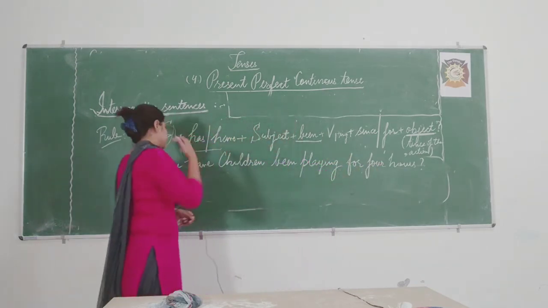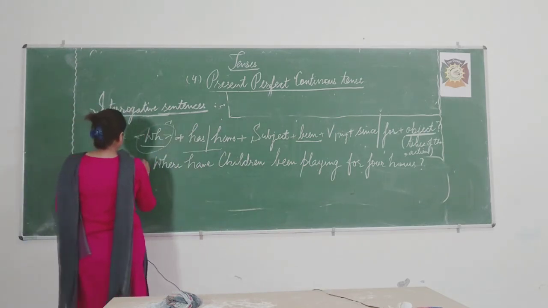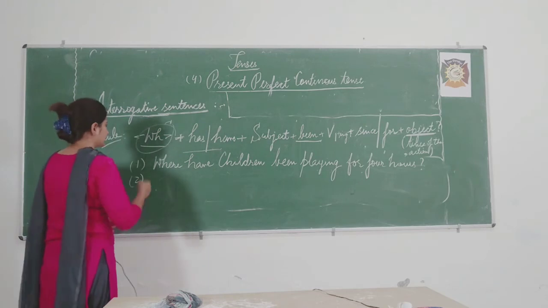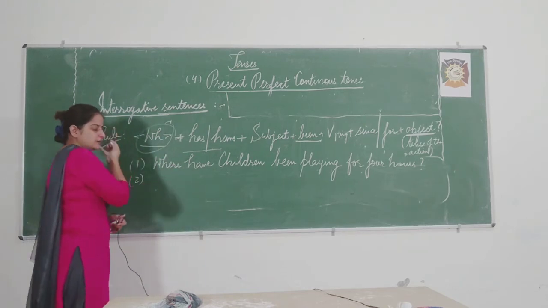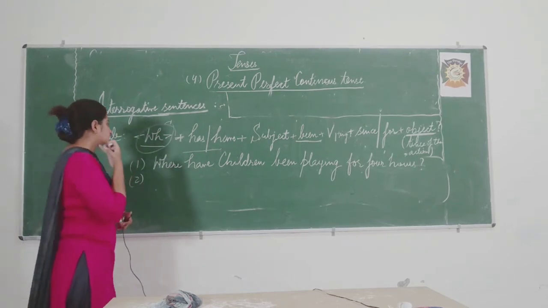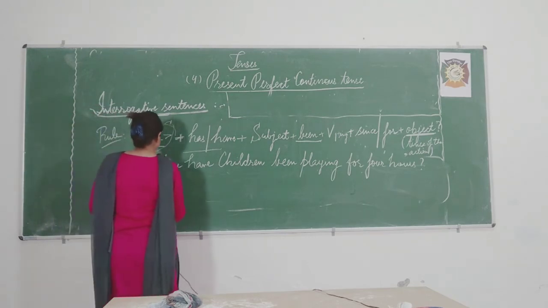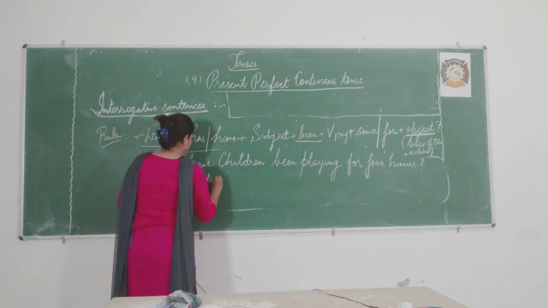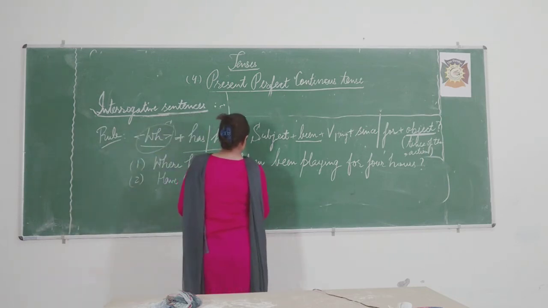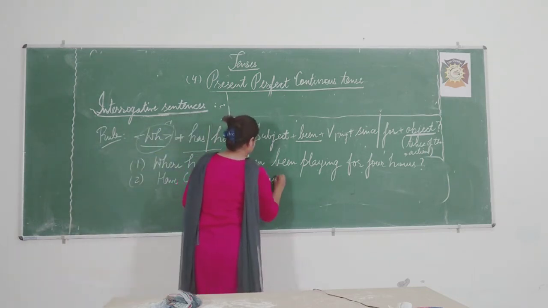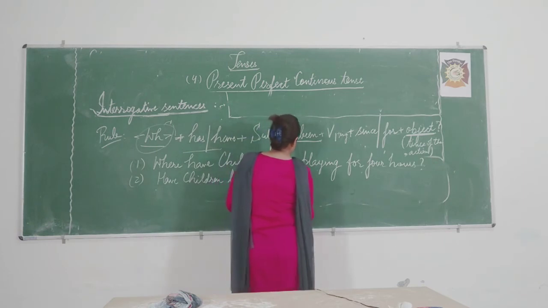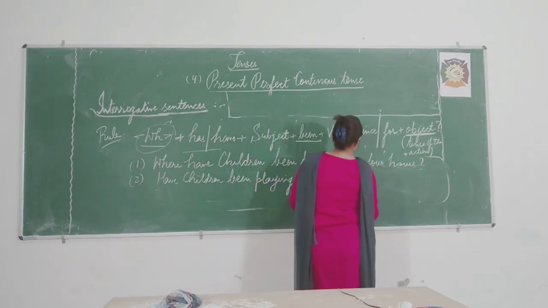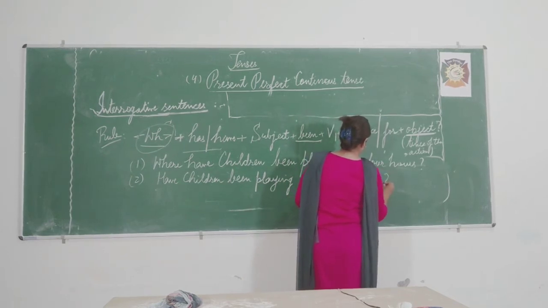Let us take one more example of interrogative sentences by making use of a helping verb initially. Have children been playing for 4 hours?